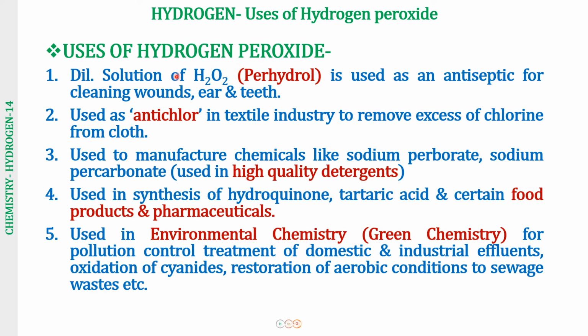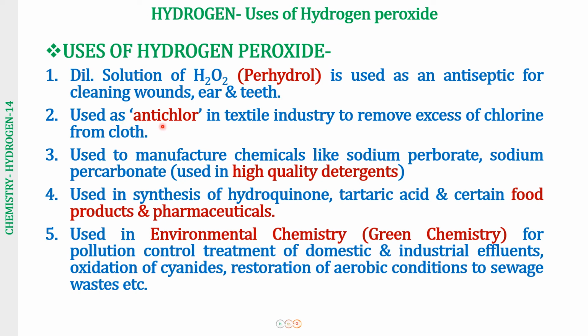The concentrated solution of H2O2, I hope you all remember, a 30% solution or 100 volume H2O2, is called perhydrol. We use this as an antiseptic for cleaning wounds, ear and teeth, and one more use for the teeth is the whitening of teeth.